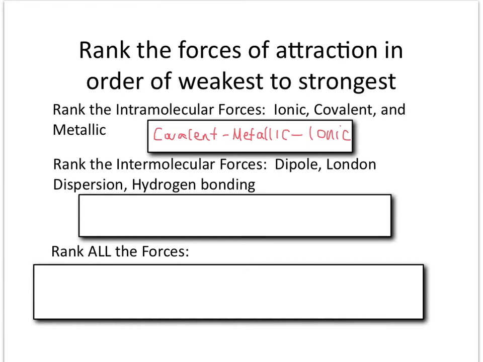Remember that the London dispersion forces are the weakest forces. They are found in all molecules, but they are the primary force between nonpolar molecules. Temporary dipoles, thus the weakest of the forces. We then have our permanent dipoles that will hold our polar molecules together, and that is our dipole-dipole forces.